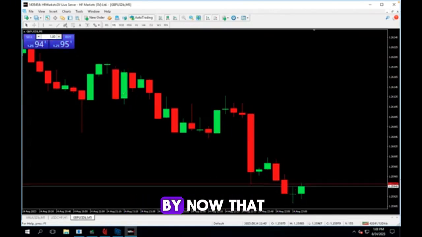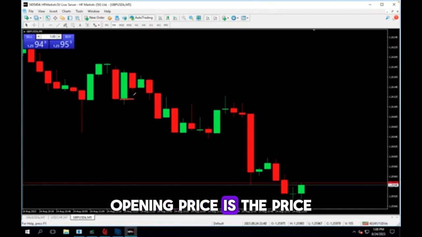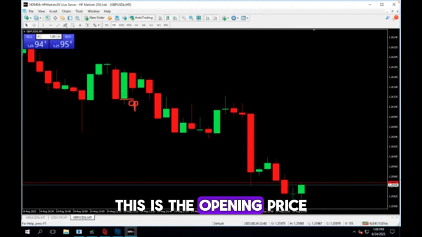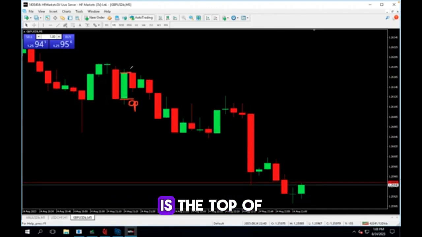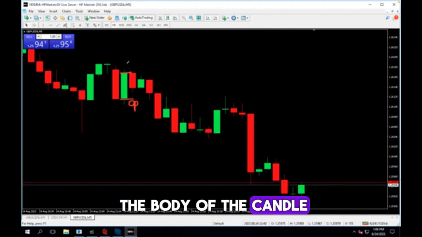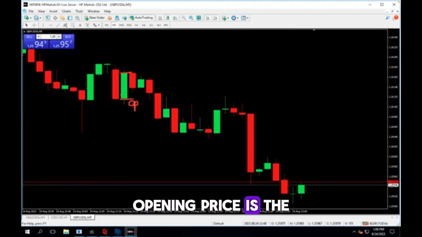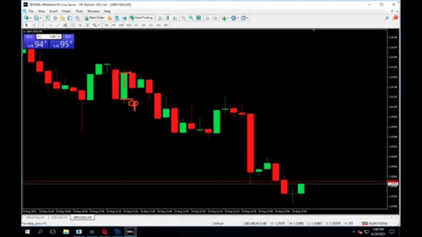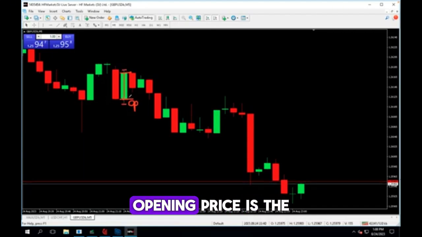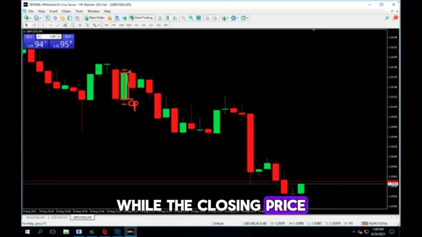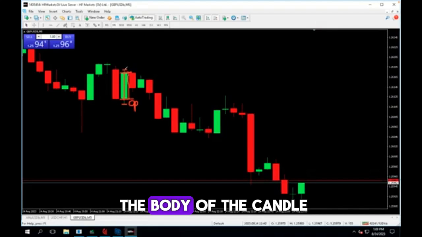So for a bullish candle, I'm sure you know by now that the opening price is the price at the bottom of the body of the candle, while the closing price is the top of the body of the candle.